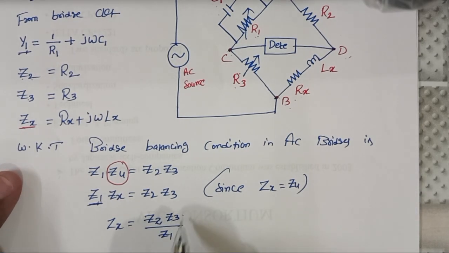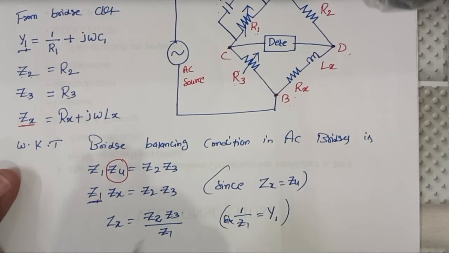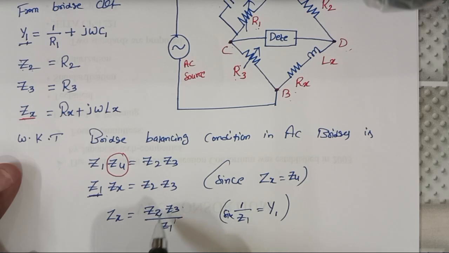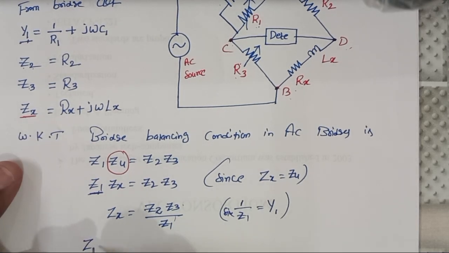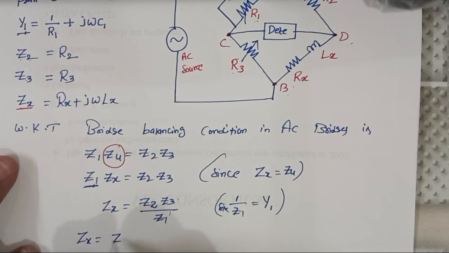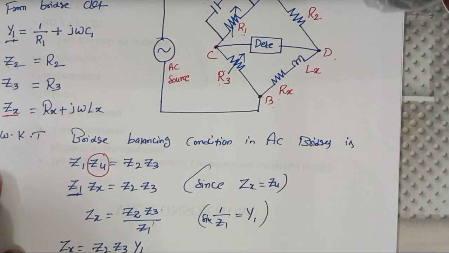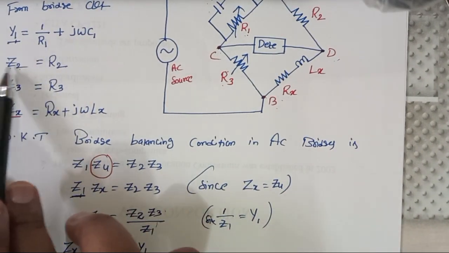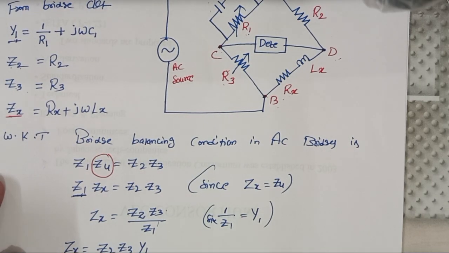Since 1 by Z1 equals Y1, Zx equals Z2 Z3 Y1. That is the equation. Now I am substituting all these values into this equation.